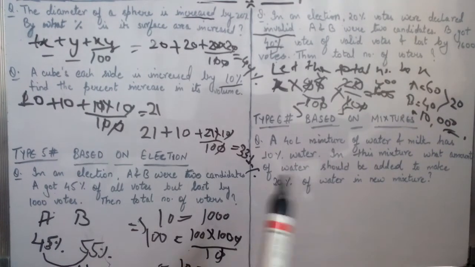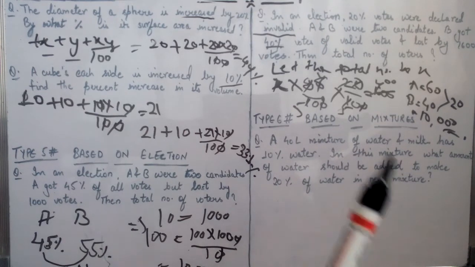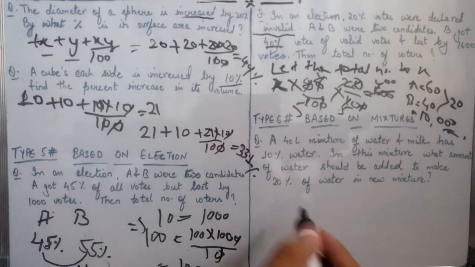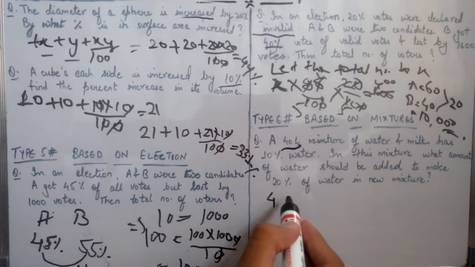Now coming to type 6, based on mixtures. It is given that a 40-liter mixture of water and milk has 10% water. In this mixture, what amount of water should be added to make 20% water in the new mixture? Here it's given 40 liters of mixture.